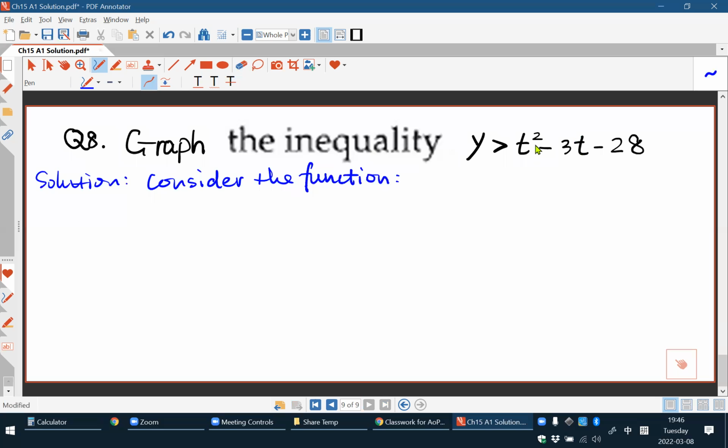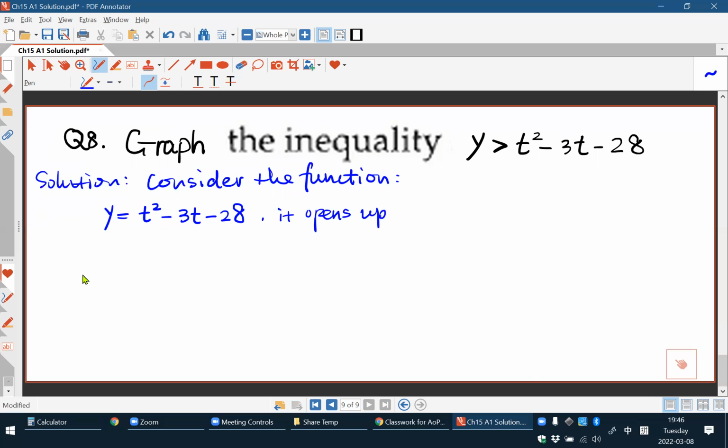You can make this inequality symbol an equality symbol to make it a function, right? Consider the function y equals t squared minus 3t minus 28, right? So apparently this is a quadratic function, right? And the leading coefficient is greater than 0, so it opens up.